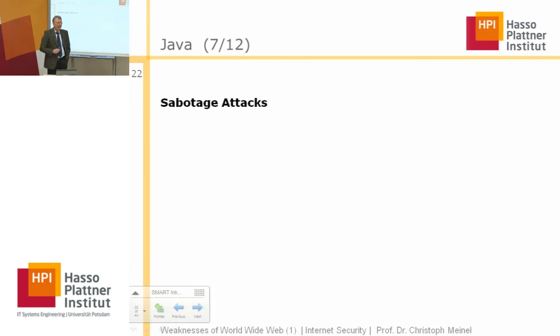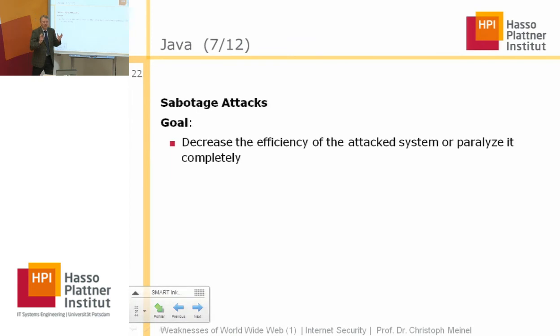I will go into details of these attacks in the following. Let's start with the sabotage attacks. The goal is that the efficiency of the attacked system should be decreased or even paralyzed completely by the attack. This is to blame the provider of the service, or to cause some damage or prevent some activity.